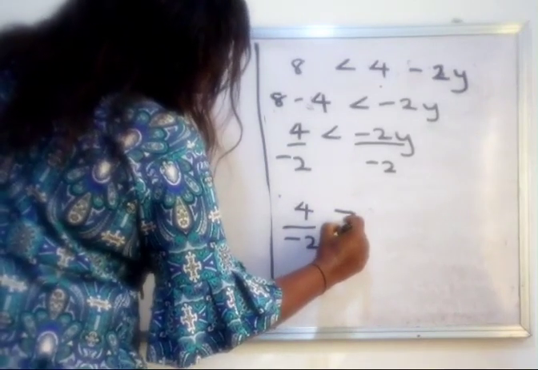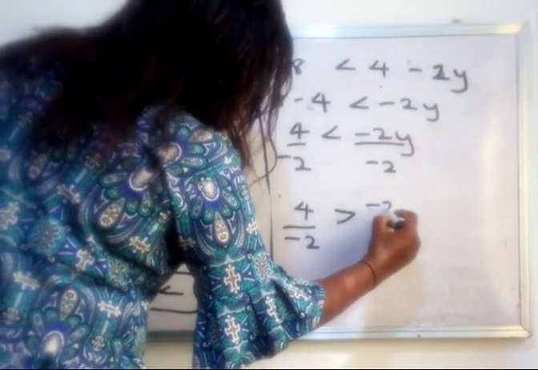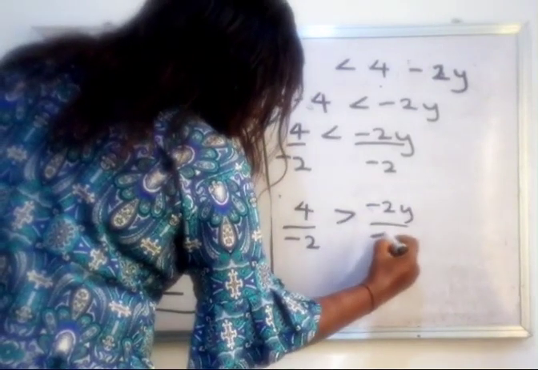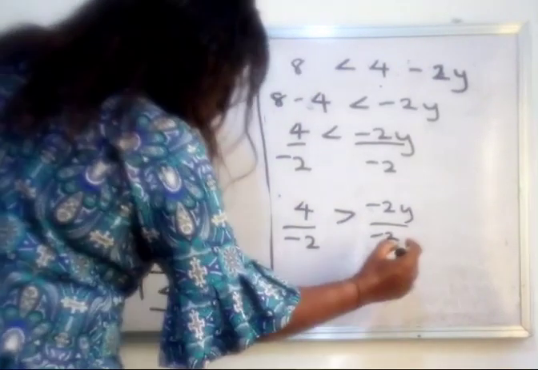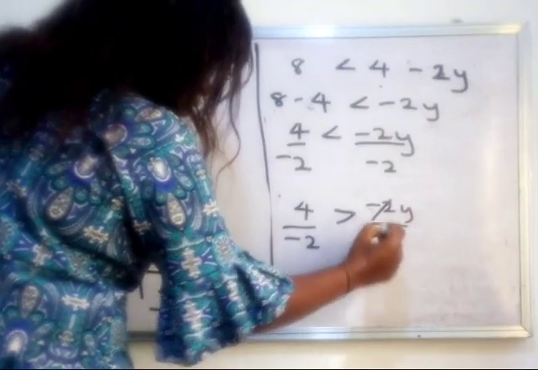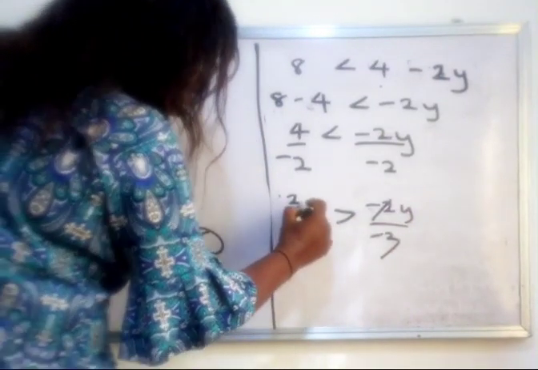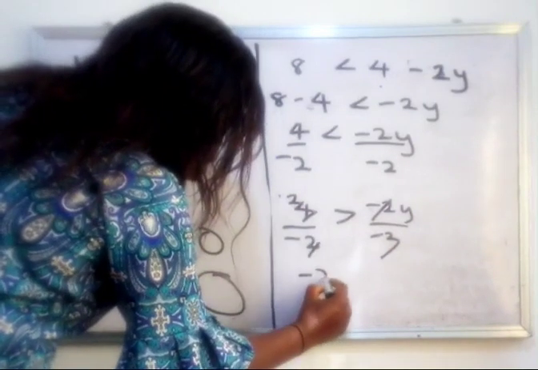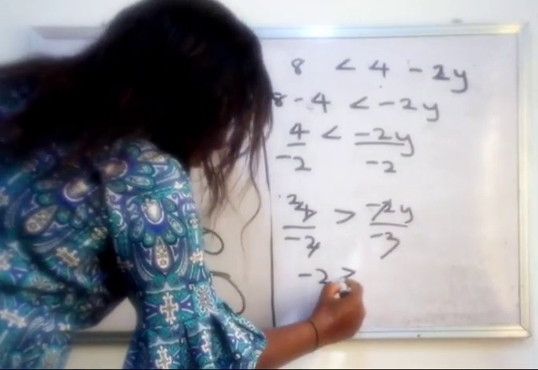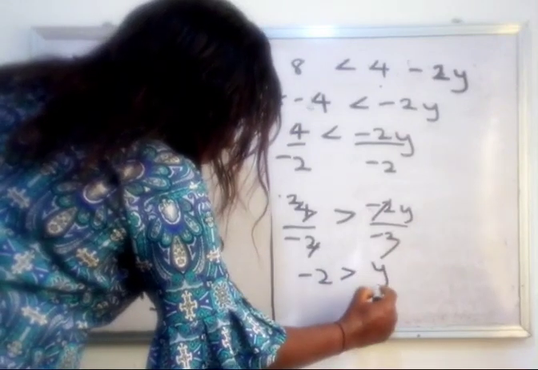Greater than. The sign changes. Then we have minus 2y over minus 2. All right? So this cancels this, gets 1, and then 4 divided by 2, we get 2. So we are left with minus 2 is greater than y.